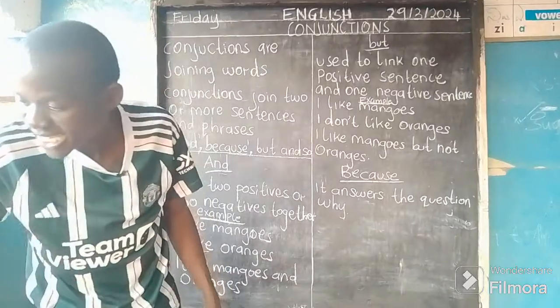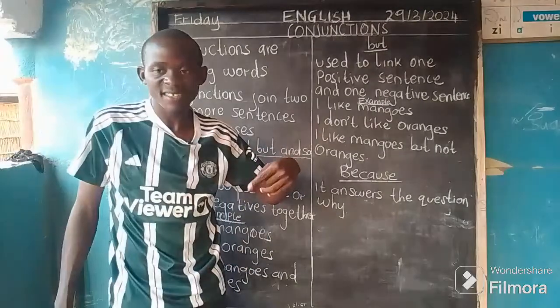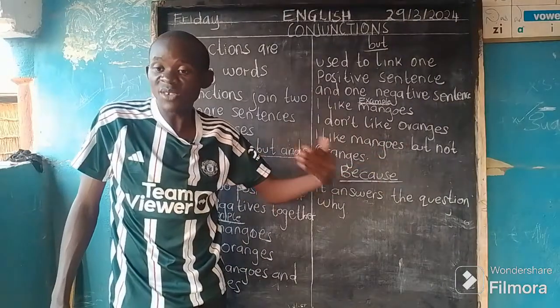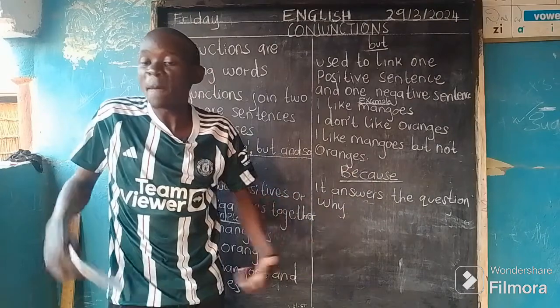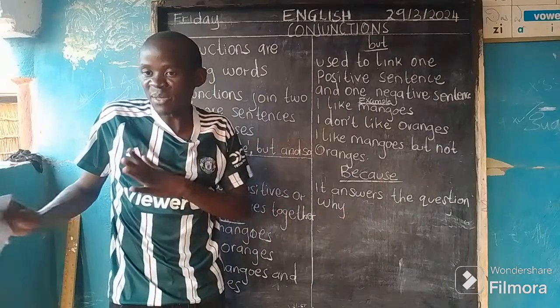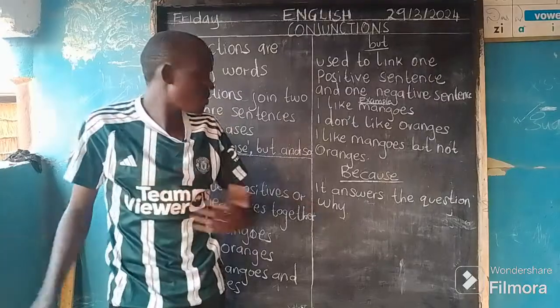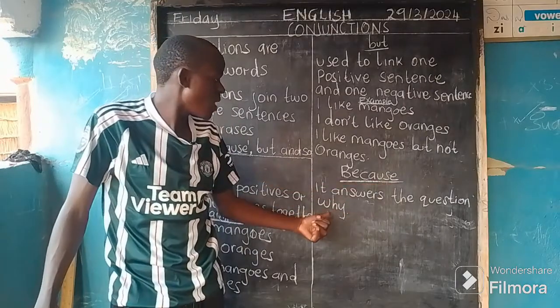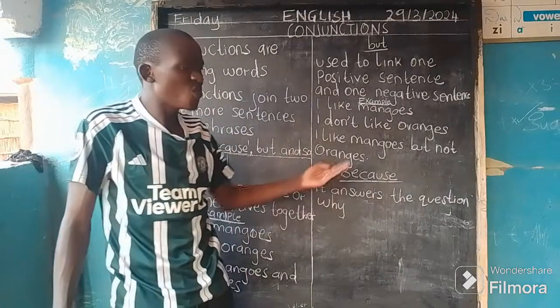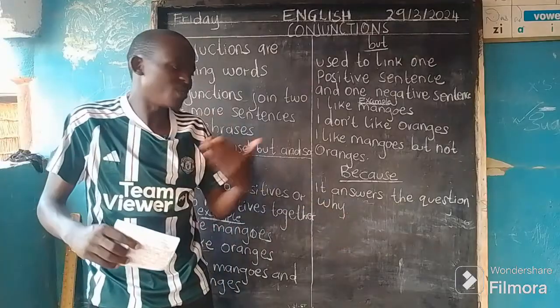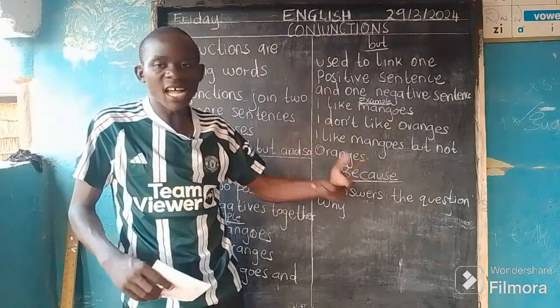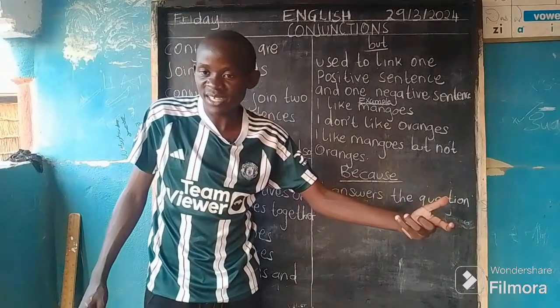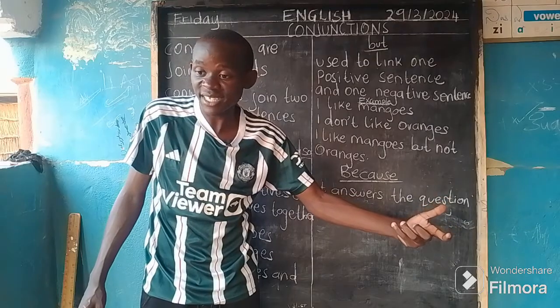Why are you late? Because you have to give a reason. Why are you late? Because I was doing something that made me late. So when you hear why, you have to find a conjunction that can answer that question. Is that okay?